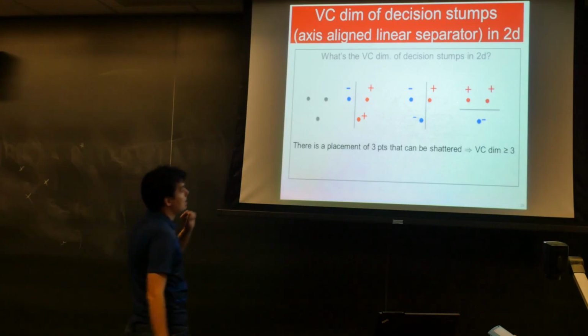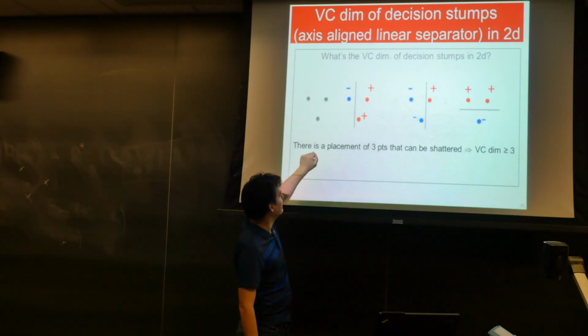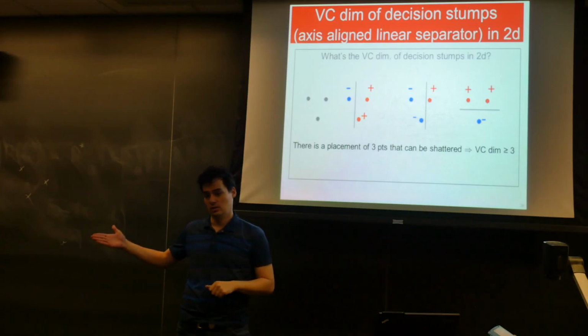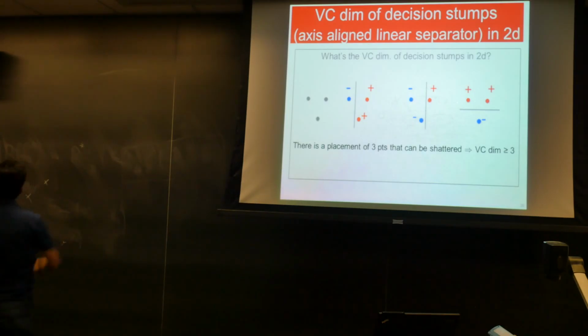So if we can see that there's a placement of 3 points that can be shattered, then it means that the VC dimension is at least 3. If I can prove that these 3 points can be shattered, that is, I can see all the 8 different behaviors on these 3 points, it means that the VC dimension is at least 3.